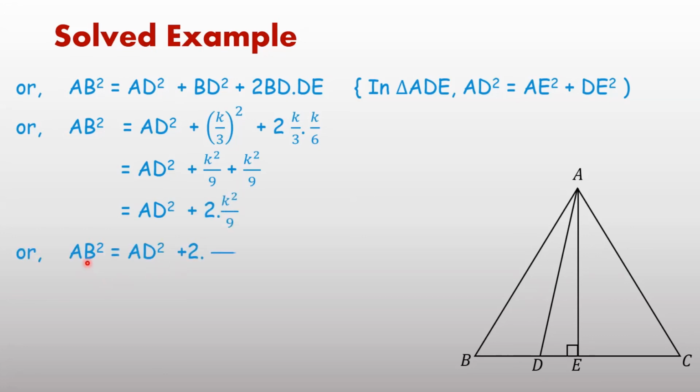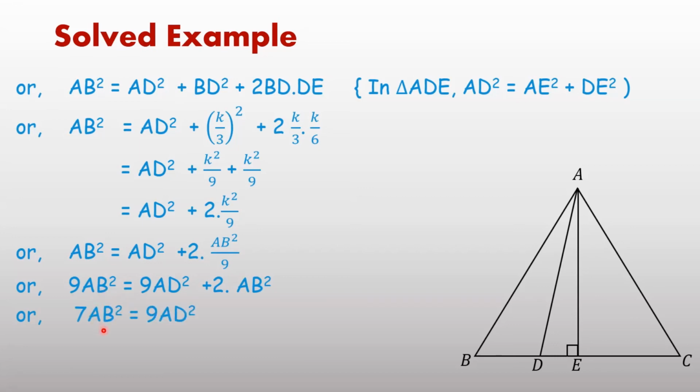So AB square equals AD square plus 2, and the value of K square means AB square, upon 9. Now multiply the whole equation by 9. You will get 9AB square equals 9AD square plus 2AB square. Transfer 2AB square to the left side and subtract. You will get 7AB square equals 9AD square, or 9AD square equals 7AB square.